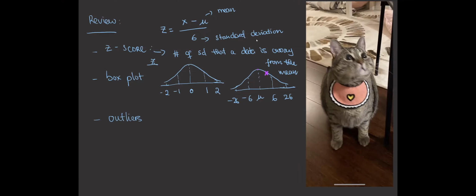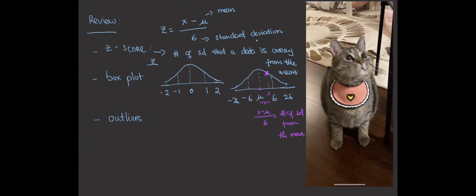The mean is here. So we take the value of x, calculate the distance of x from the mean, and then divide it by the standard deviation of our distribution. This tells us the number of standard deviations from the mean.